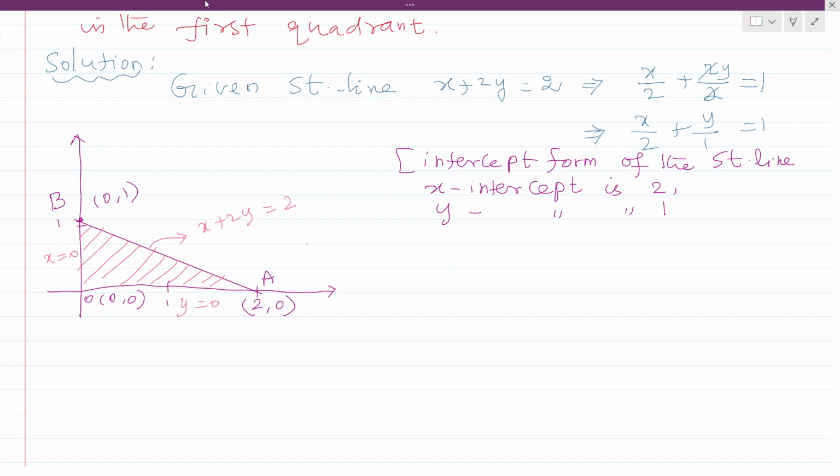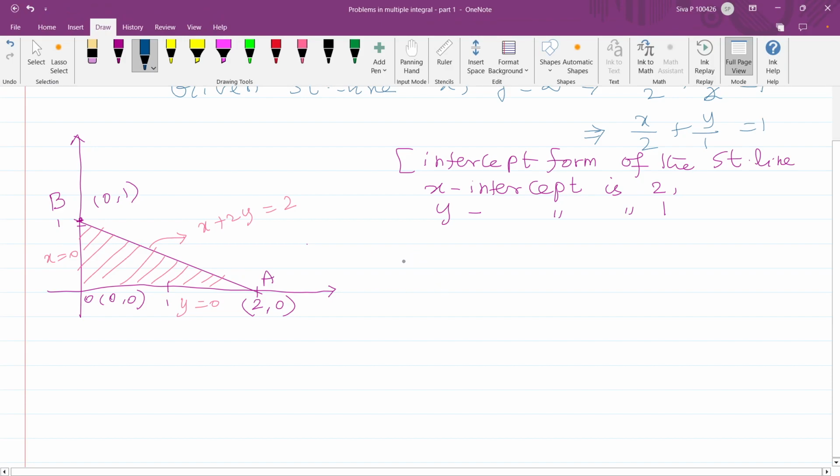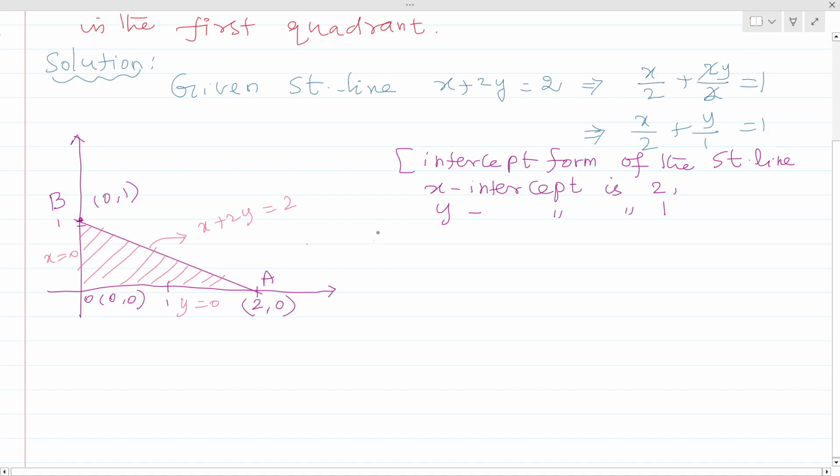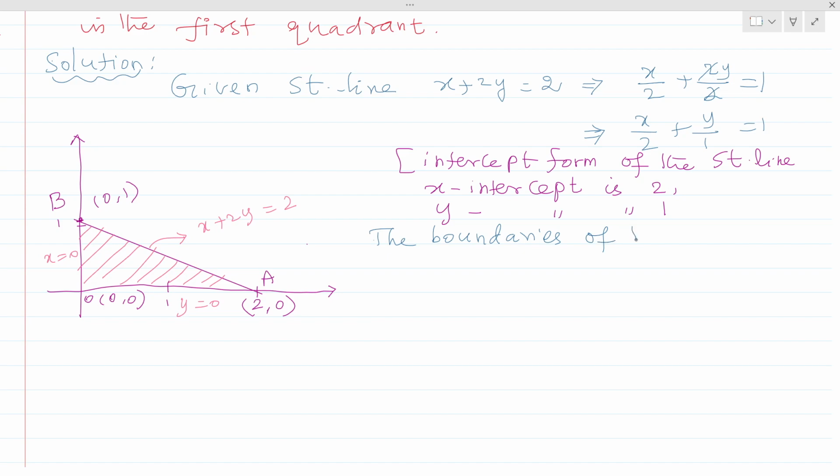Therefore we can write here the boundaries of region R are the lines x equal to 0, y equal to 0, and the straight line x by 2 plus y by 1 equal to 1.